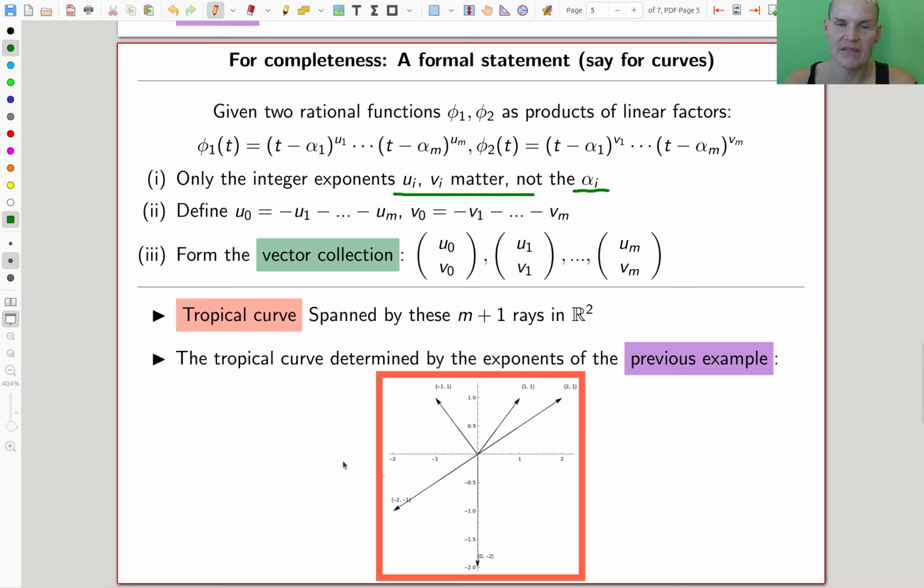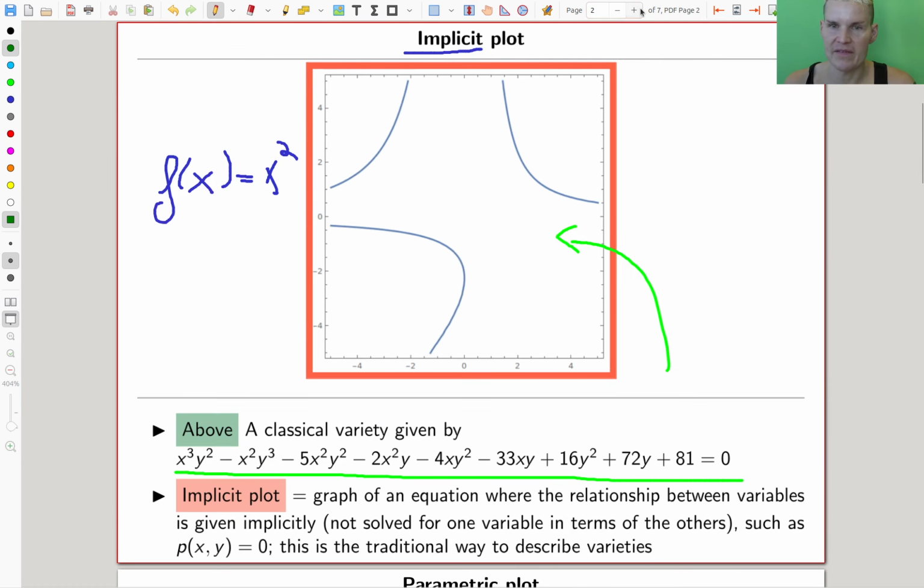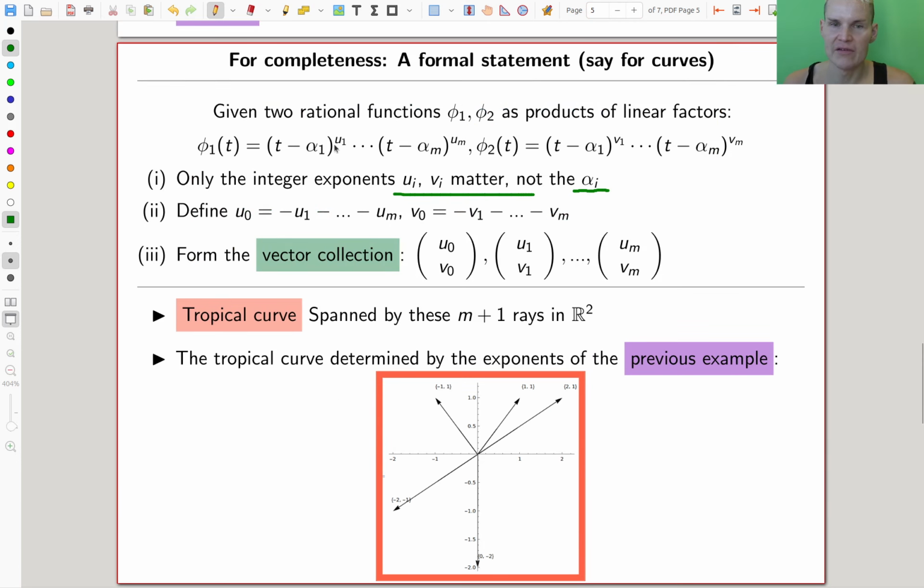And that's it. Yeah? So this is the way to go from such a plot to such a plot, right? Tropically, it's really easy. Collect the exponents, you put them in a vector. What you get is a collection of vectors, and the vectors span, well, this funny pentagon type thing. Ooh, this was a really bad drawing.